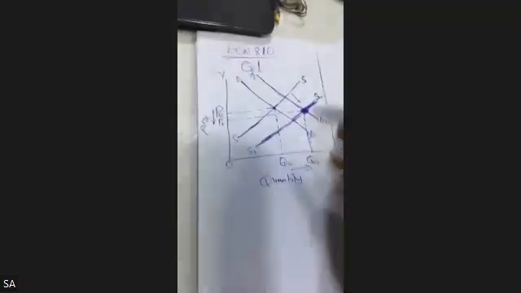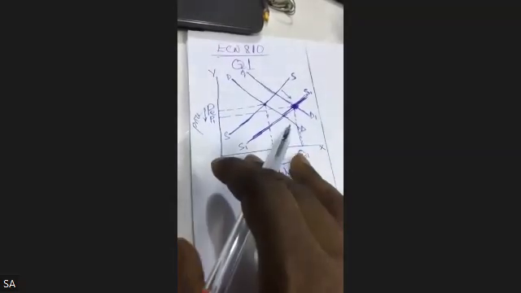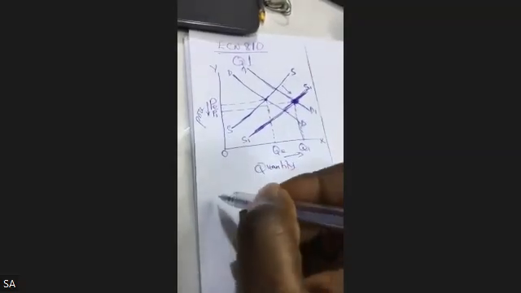Let me quickly explain a few things here. First of all, let's understand this. Now, a downward shift, let's start with the demand curve.